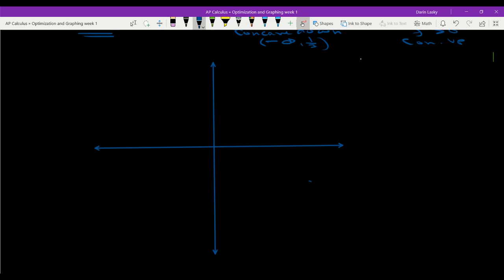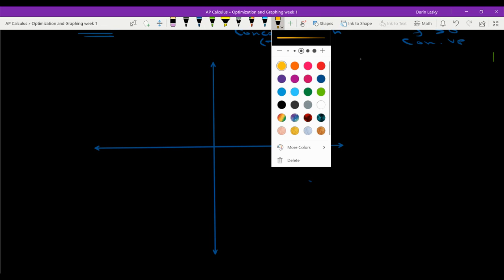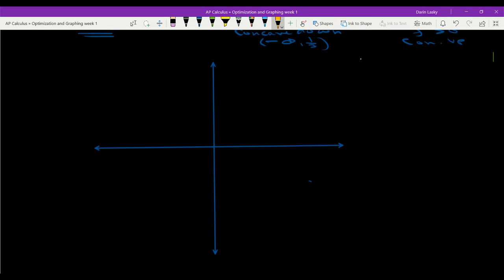All right, so we know we have some really important pieces at 1/3, and we have them at 1. We also know that we have a critical point over here somewhere from a graph.